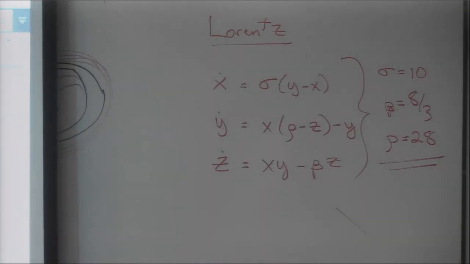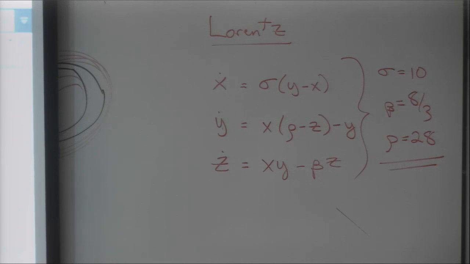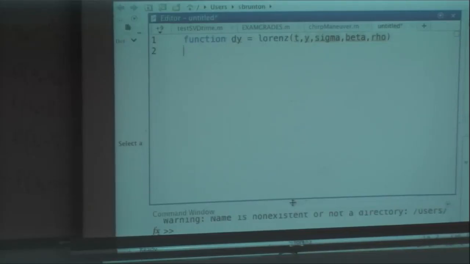And that's what I need for my Runge-Kutta scheme, right? I need to be able to evaluate this function f on the right-hand side. That's what Lorentz is. Then y is a 3-dimensional state vector, and dy is a 3-vector with sigma times y2 minus y1.